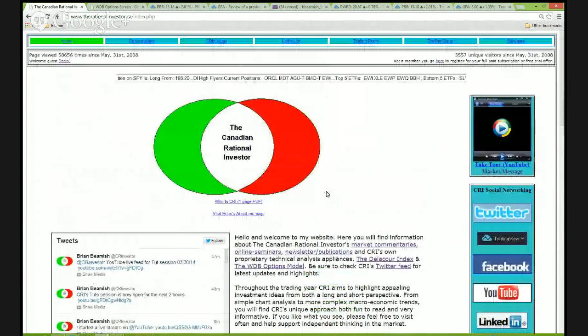And as somebody who's worked in the markets for the better part of 20 years, what I found, and this is my moniker, this is the relevance of it, if we consider this green area that I'm mousing over as the technicians, and this red area as the fundamentalists, what we found historically is that the two camps really didn't like each other, sort of like oil and water.